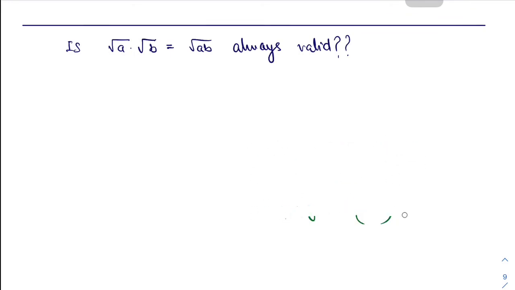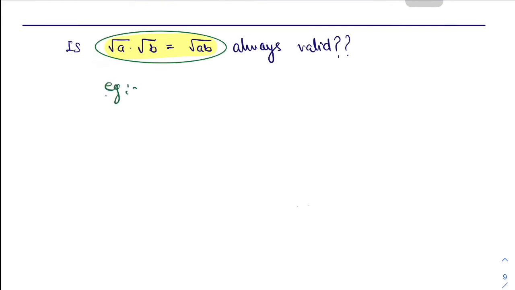So we are familiar with these kind of relations from our 8th class. The only thing is we have to discuss is it true always, or are there certain conditions in which this law of exponent fails.